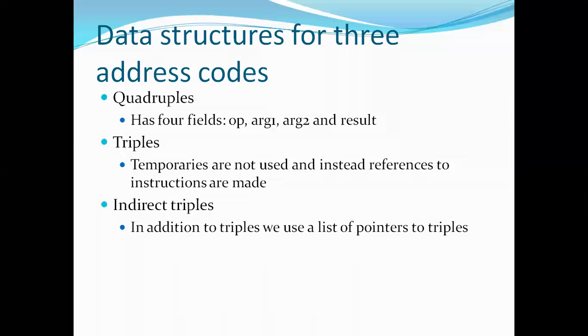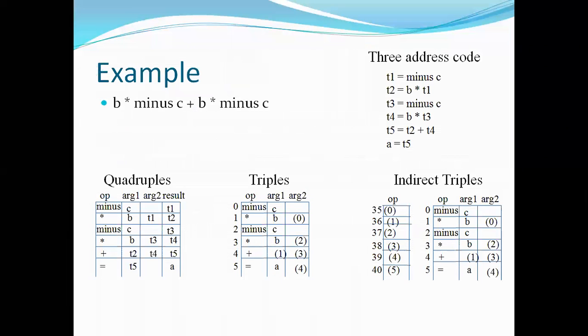How is it possible? In addition to the triples, we use a list of pointers to the triples. Here I am using an extra table for it. That means I am not using the references directly; in an indirect manner, I am using the pointers. I think you understand what I am saying.